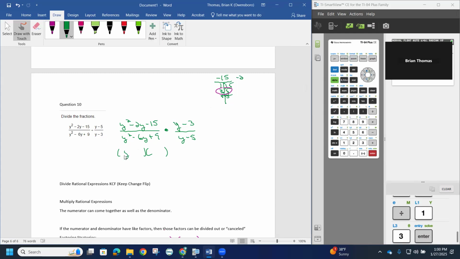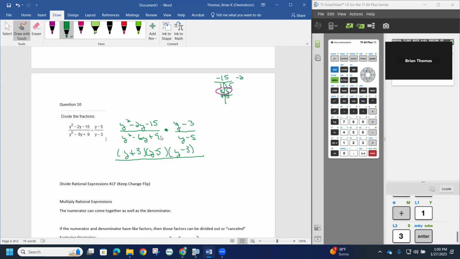We're going to use the y and the y, and then a plus 3 and a minus 5. And notice how we're multiplying, but we're going to use parentheses here and multiply by y minus 3 on the top as well. So again, we're not actually going to multiply that out. So we have three different factors for the top.